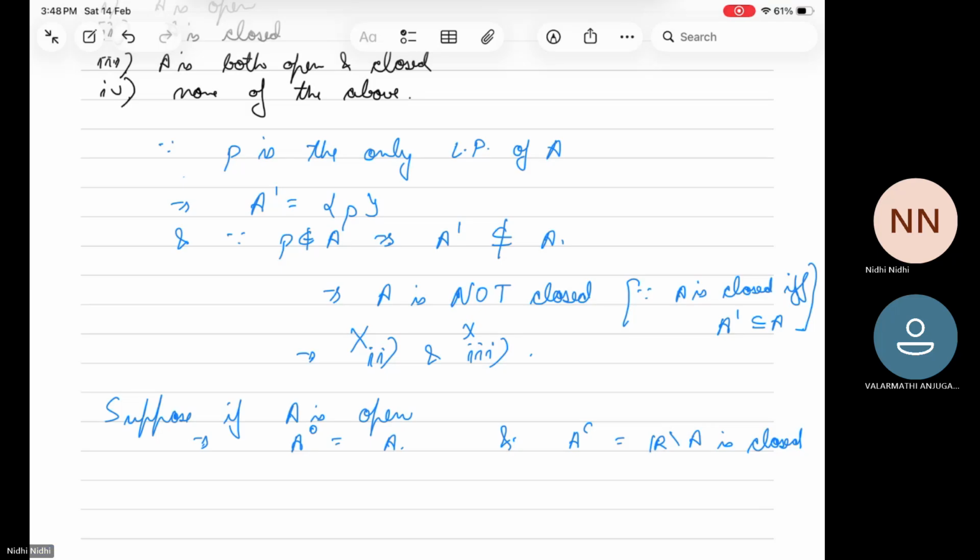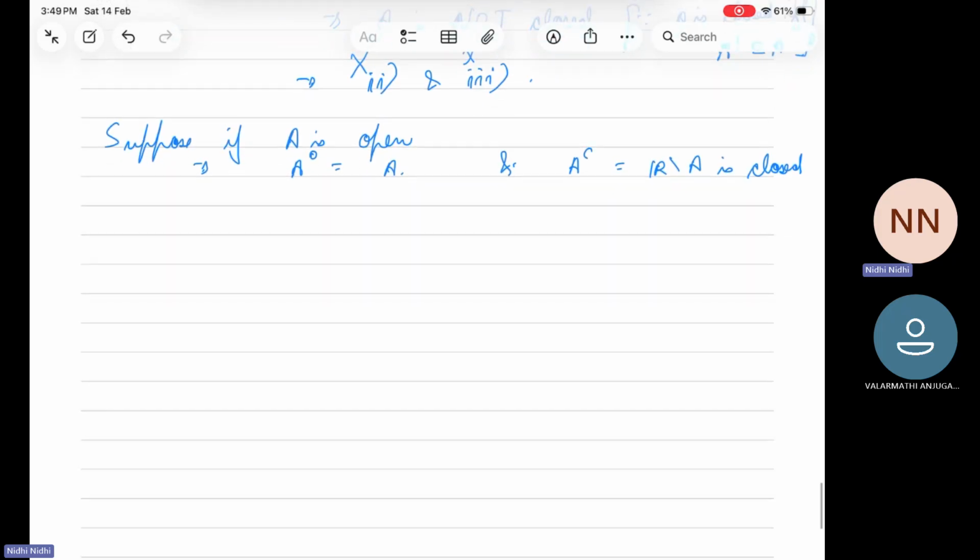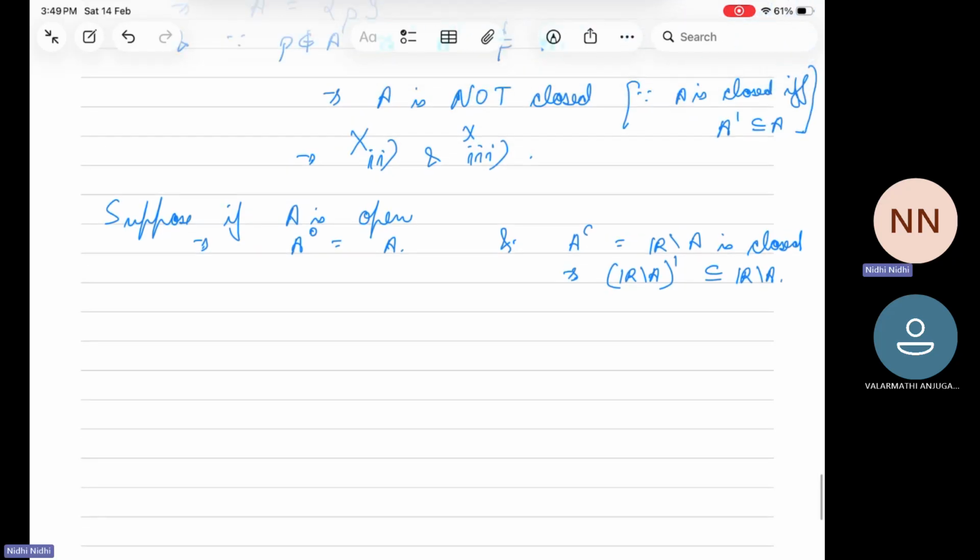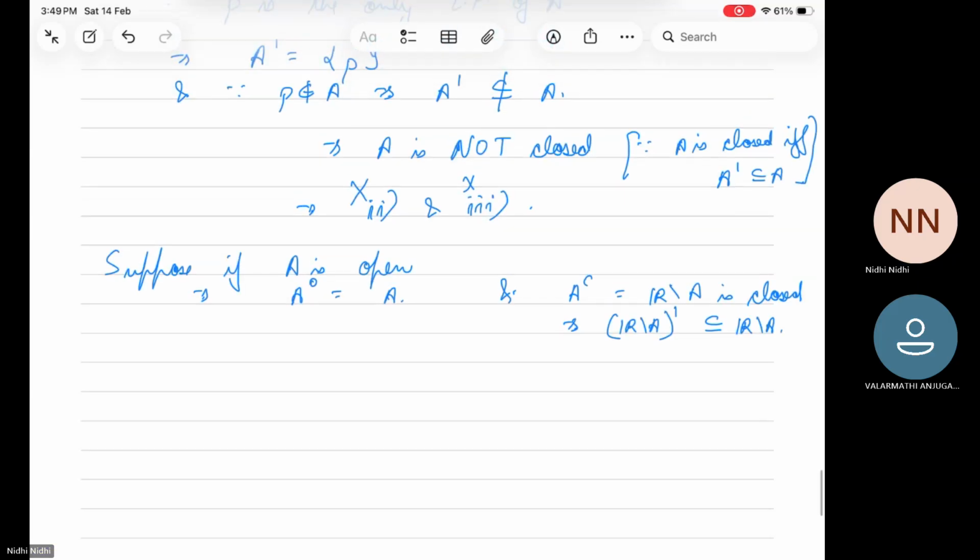So if A complement is closed, that would imply that all the limit points of R minus A are contained in R minus A. So can you say anything about the limit points of R minus A?